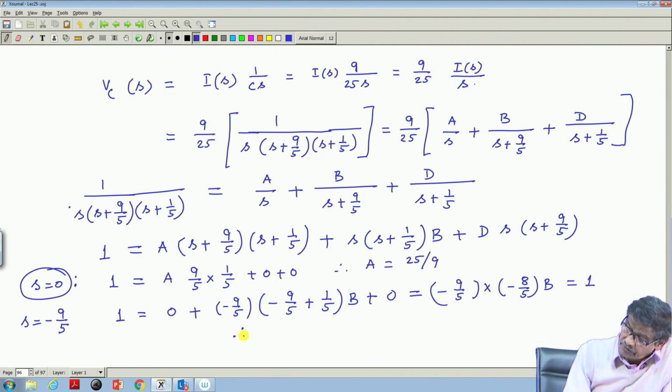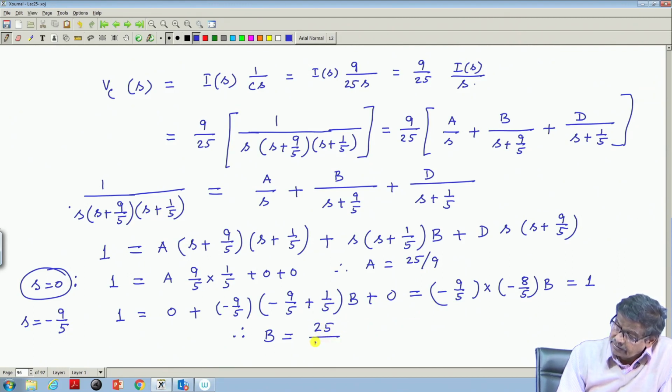Therefore, the value of B will be equal to plus 25 by 9 into 8, that is 25 by 72. This is the value of B.